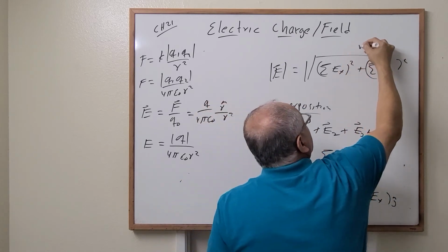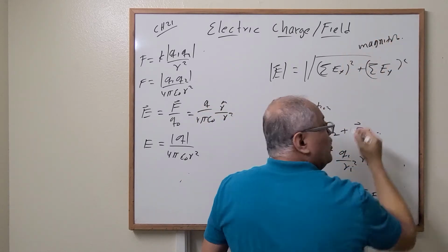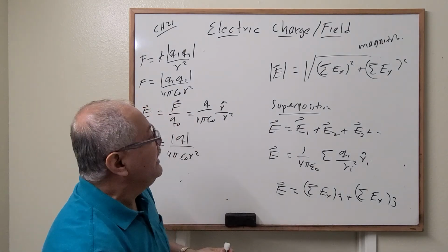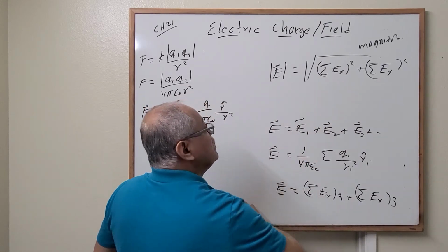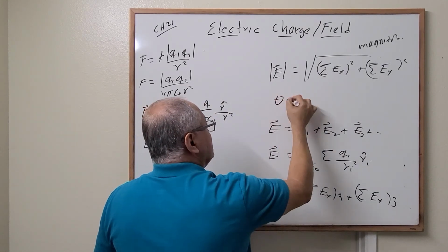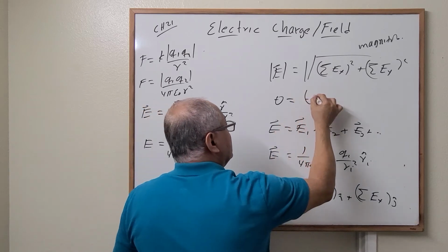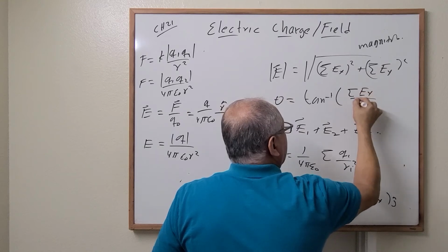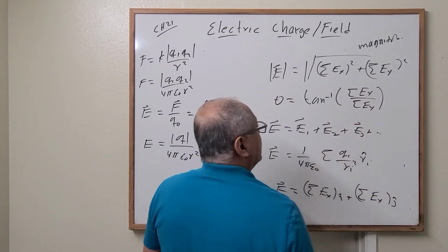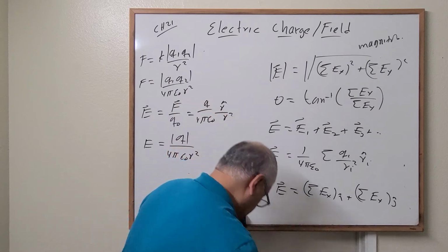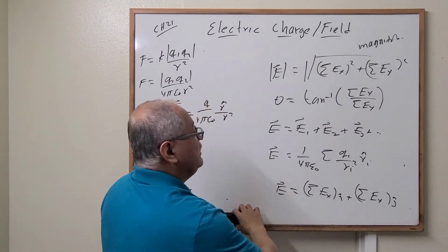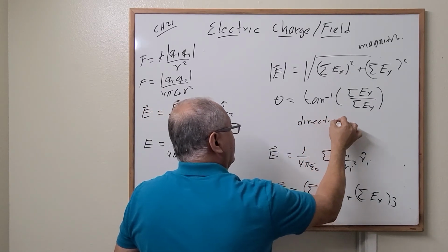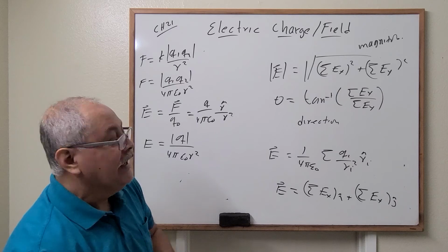This is the magnitude. We know this from vector analysis. Also, the direction. What should be the direction? The direction is theta, the inverse tangent of this component. And this is the direction. Again, we know this from vectors. This is the direction of the electric field.